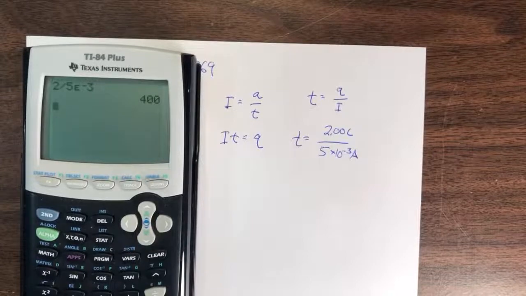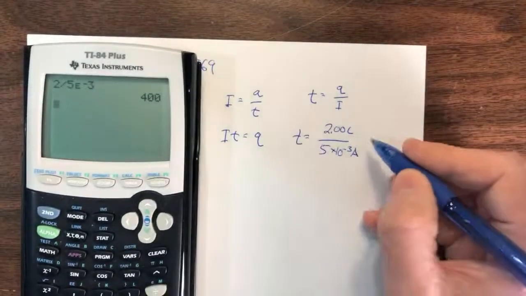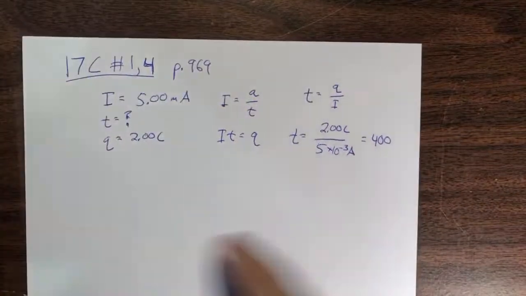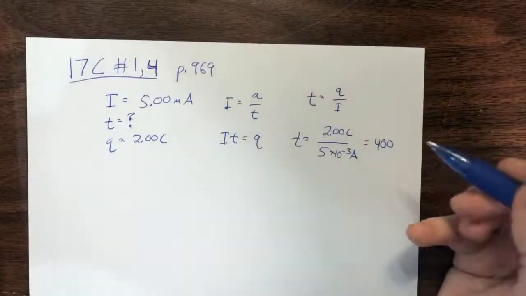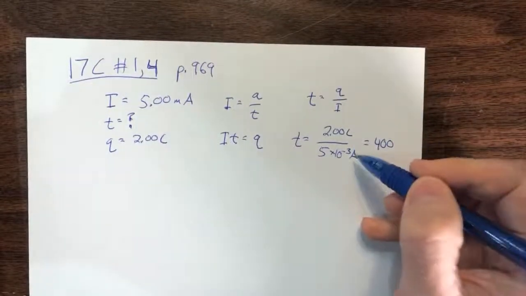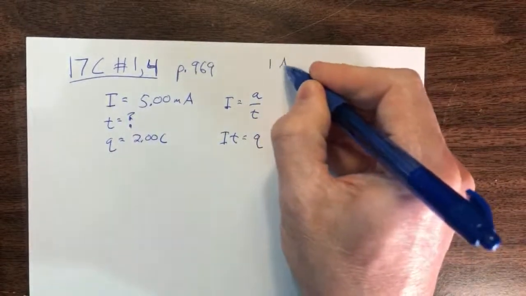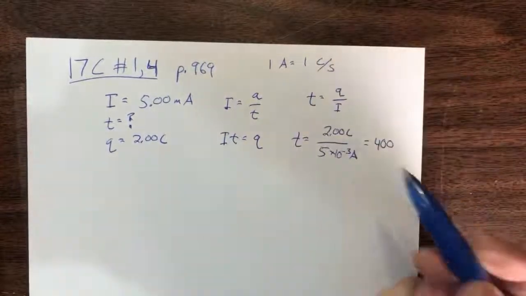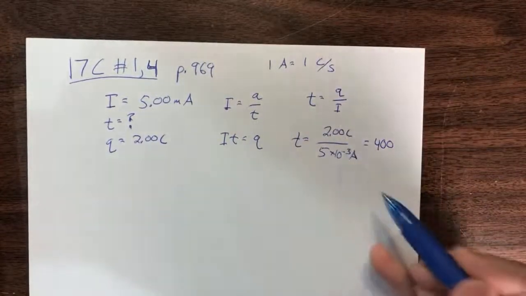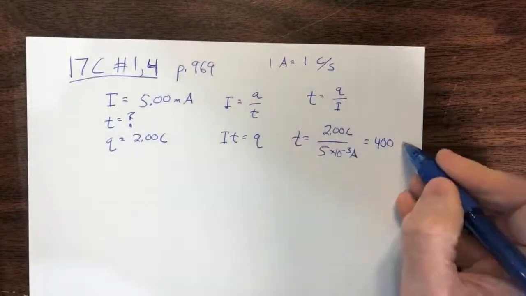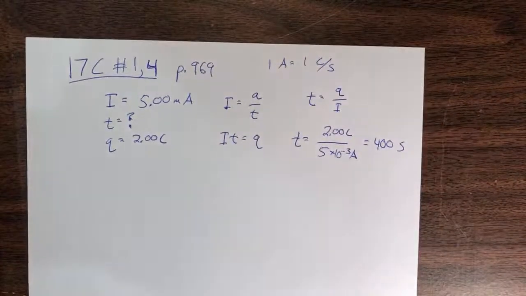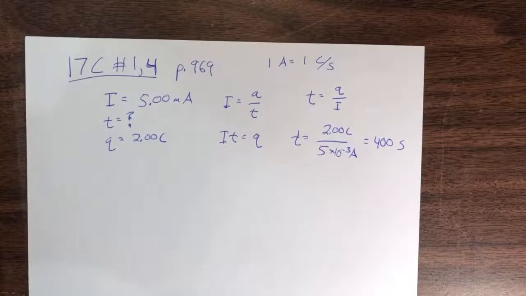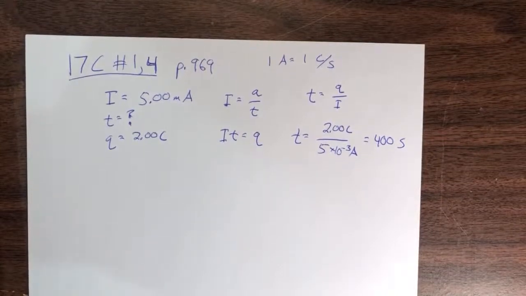gives us 400. And what should the units be? If our coulombs is just a measure of charge and amps, well, what is an amp? 1 amp is 1 coulomb per second. So if this is 1 coulomb per second, coulombs over coulombs cancel out, and you're left with seconds as our units. All right, so 400 seconds, you can just leave it at seconds. I don't think the question asks us for minutes.